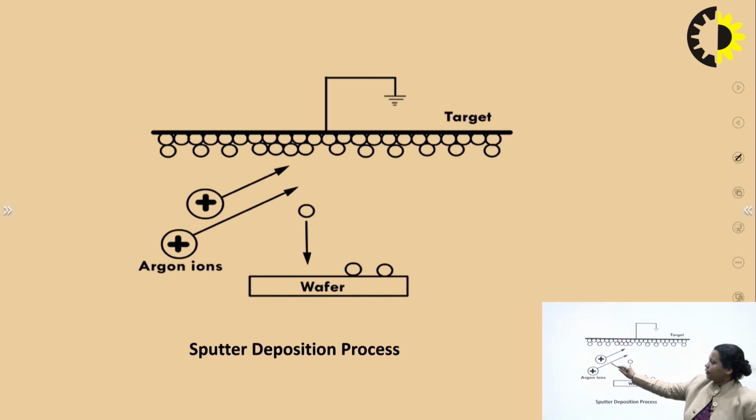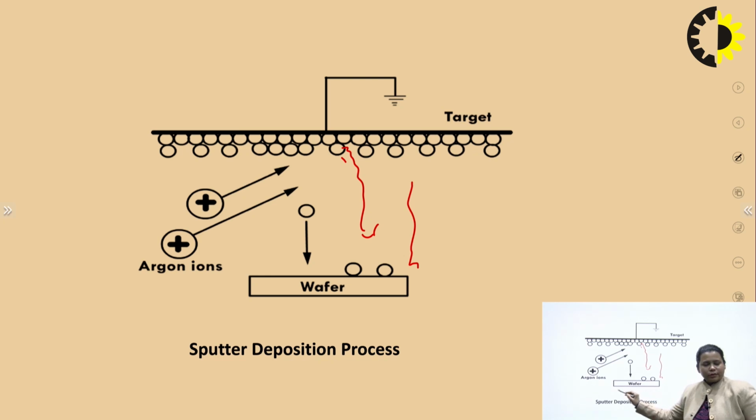When you bombard it with argon ions, the actual atoms fall over your substrate, on your wafer, and create a layer. This is known as the sputter deposition process.